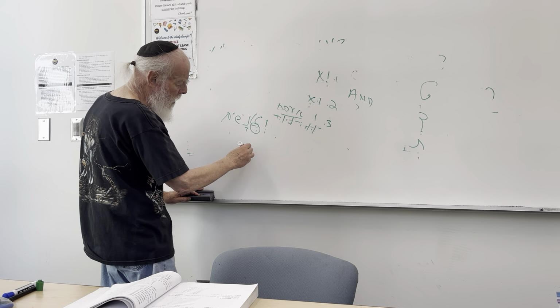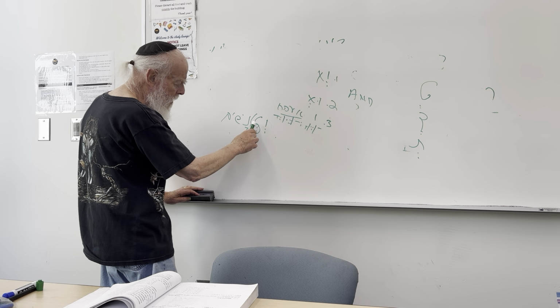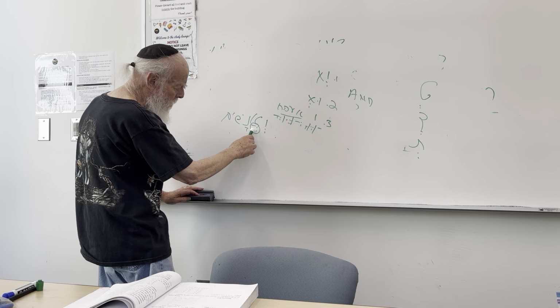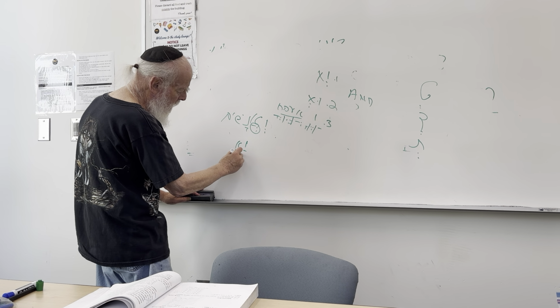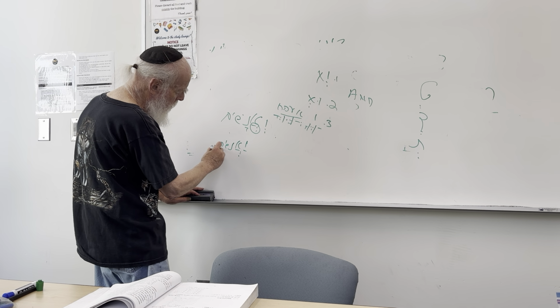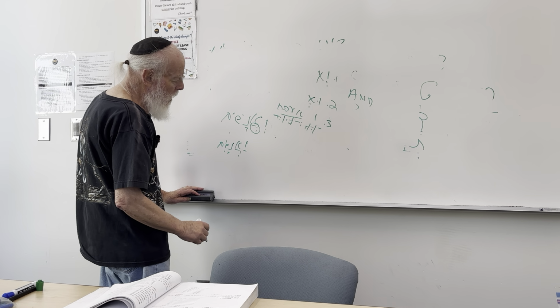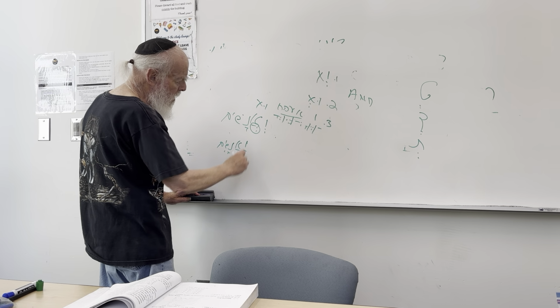I have a shva cluster between the shva of the vav and the chataf patach underneath the aleph. The vav takes over the sound of the chataf patach, and the word will be properly vocalized as va-anashim. Va-anashim. It takes over the sound. If this were a shva to begin the word, the vav is pointed as a shuruk.